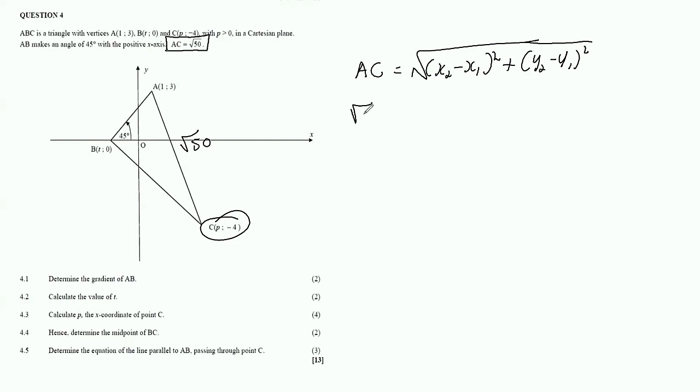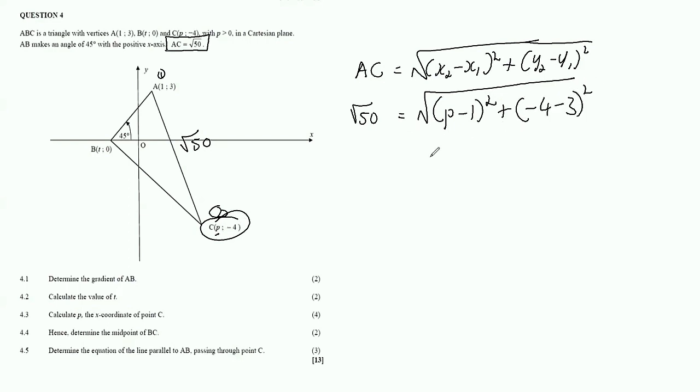Our AC is root 50, and substituting, if we take the coordinates of C as the second coordinate, and this one as the first coordinate, then we will have p minus 1 squared. Remember, we take the x coordinate first, and then the y coordinates, so I have negative 4 minus 3, right?